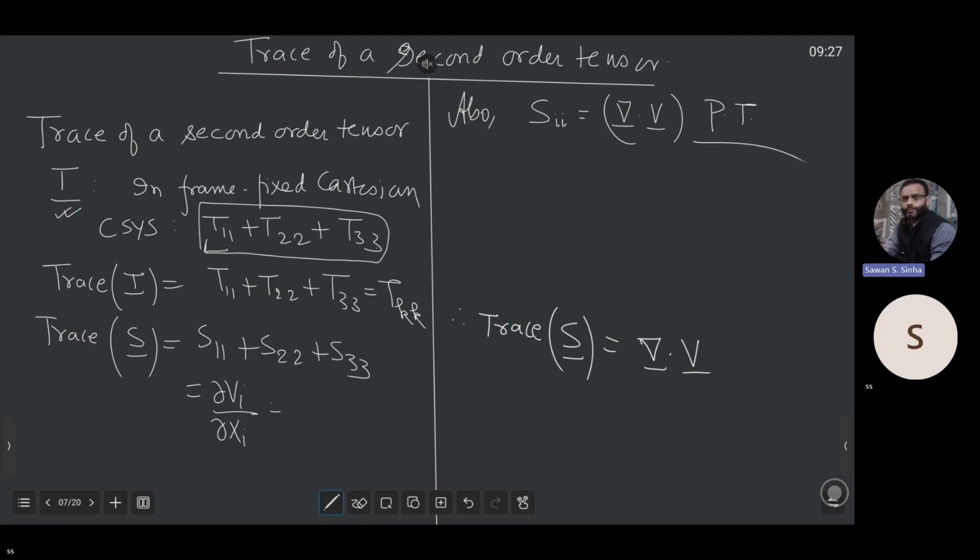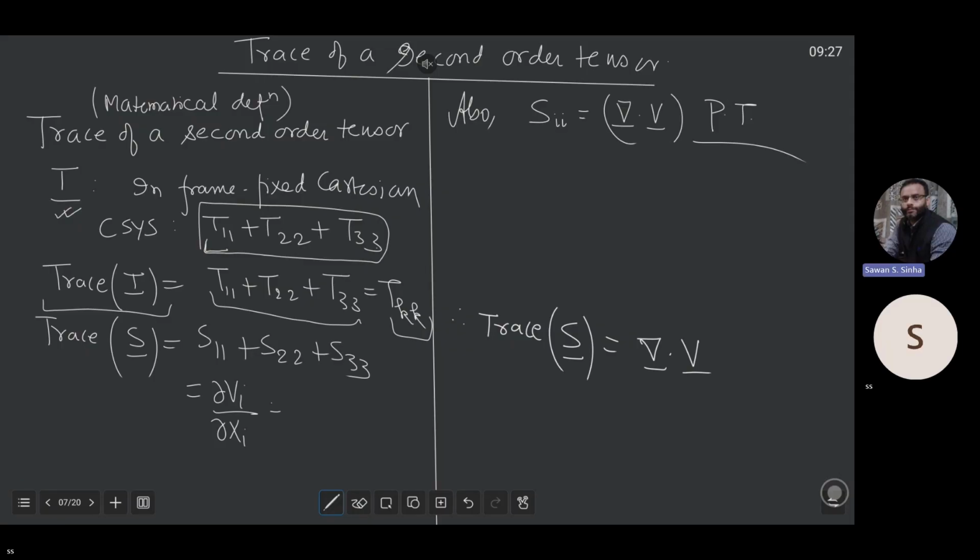This is a mathematical definition, not only in fluid mechanics, but generally tensor. Symbolically, we will write this as trace of this tensor T is this. And if you want, you can use a more compact version, TKK, K being repeated. That's why it is the sum of three terms.